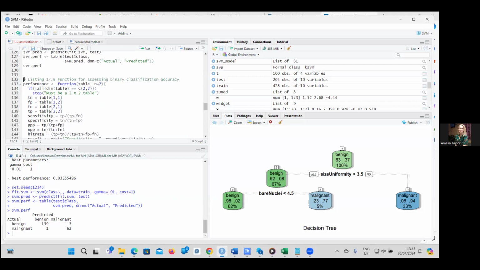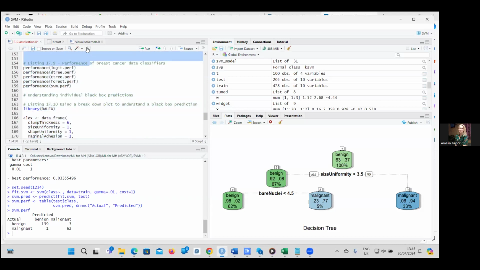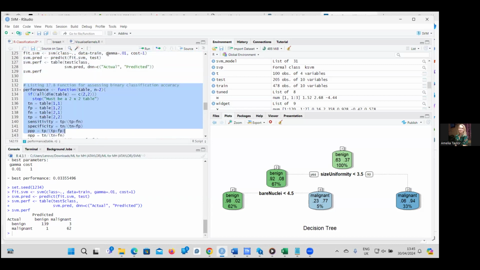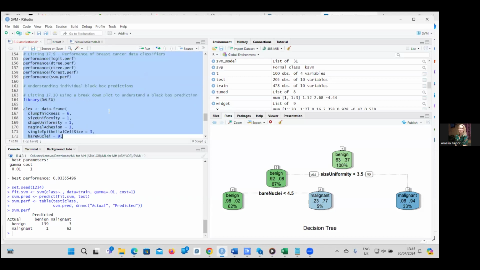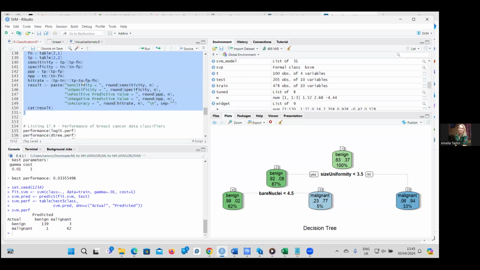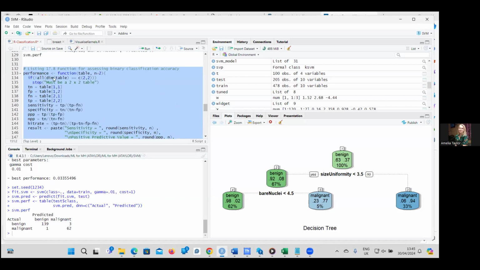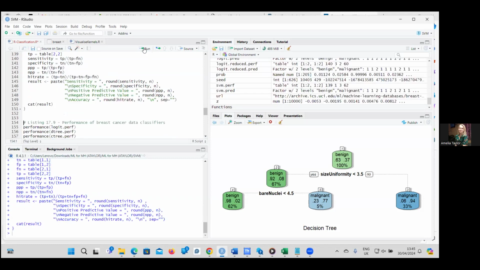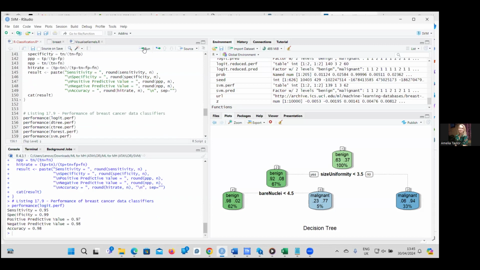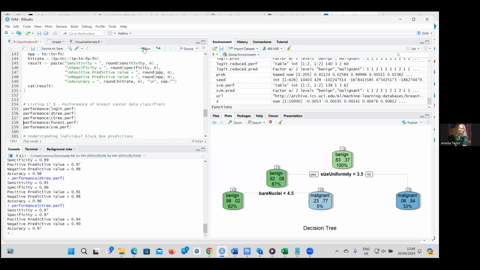There is a nice piece of code that comes next, and this code prints the performance of the models that we saw before in a nice way, so you can analyze them. So I'm going to just run this code and print the performance of each of the models.